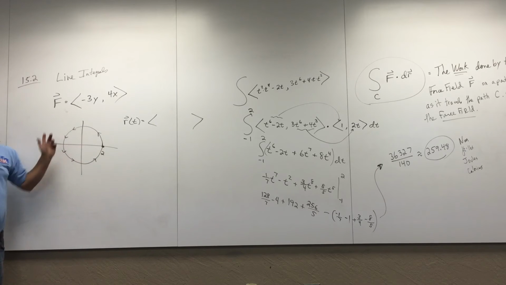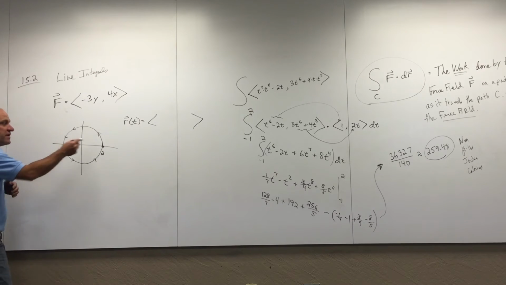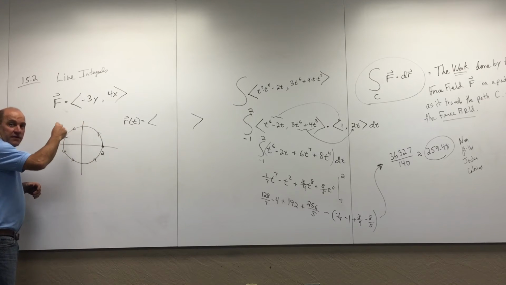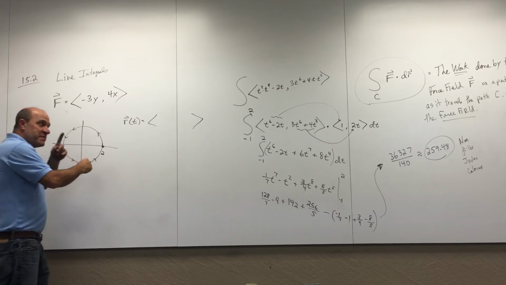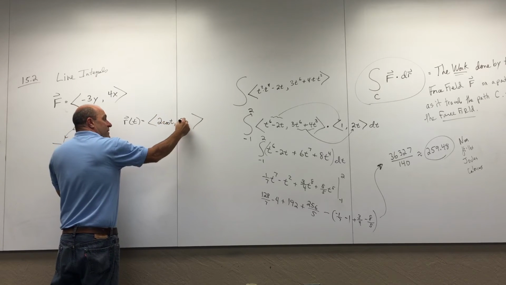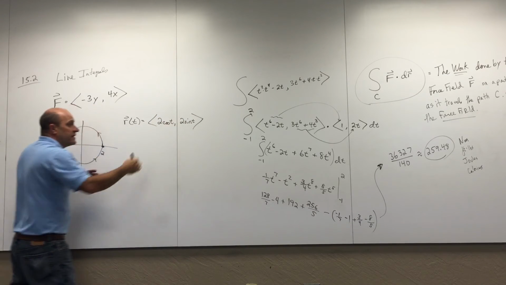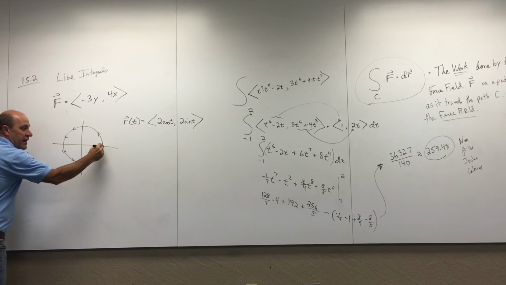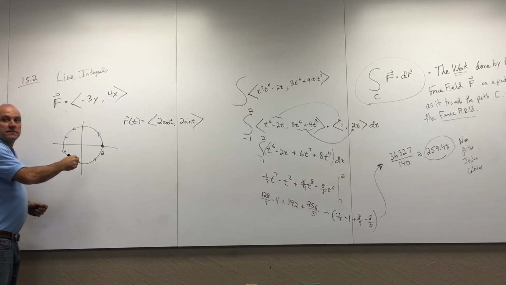A circle of radius 2 should be 2 cos t, 2 sine t. If you want to go counterclockwise, you let x be 2 cos t and y be 2 sine t. That's the classic start here and go counterclockwise.